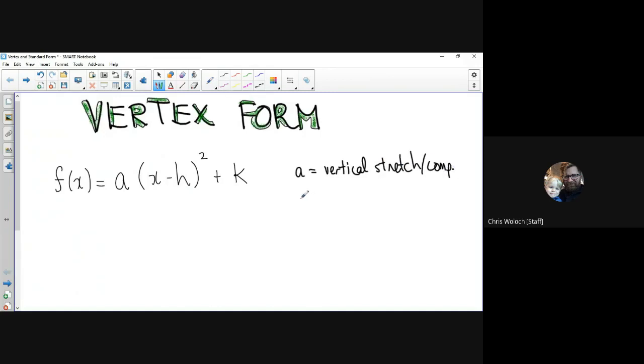But also for a parabola, if A is bigger than 0, so positive, then we know the parabola opens up. If A is less than 0, then we know it opens down, okay?